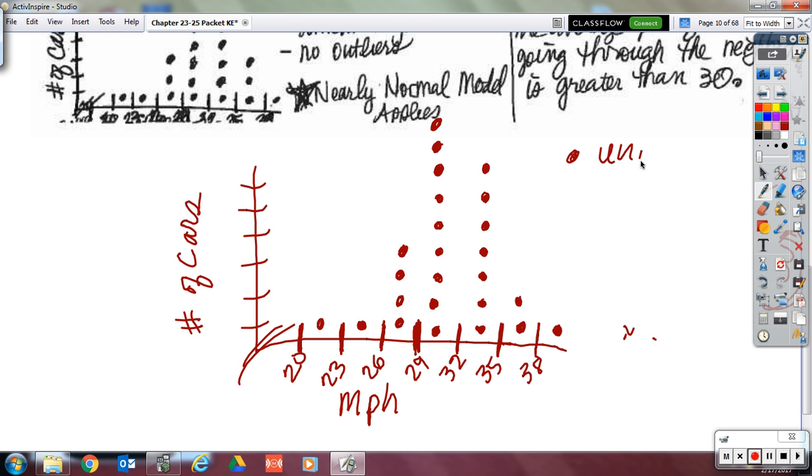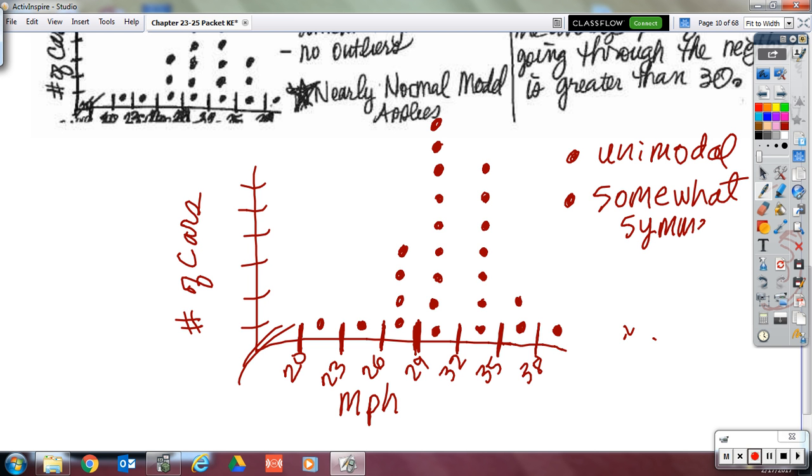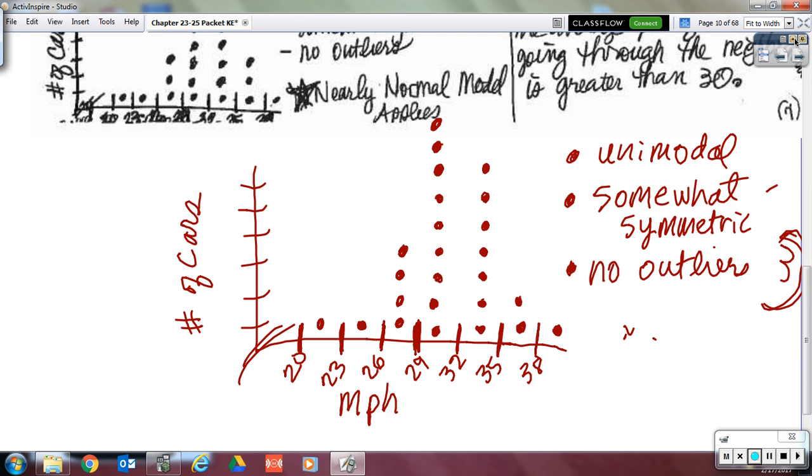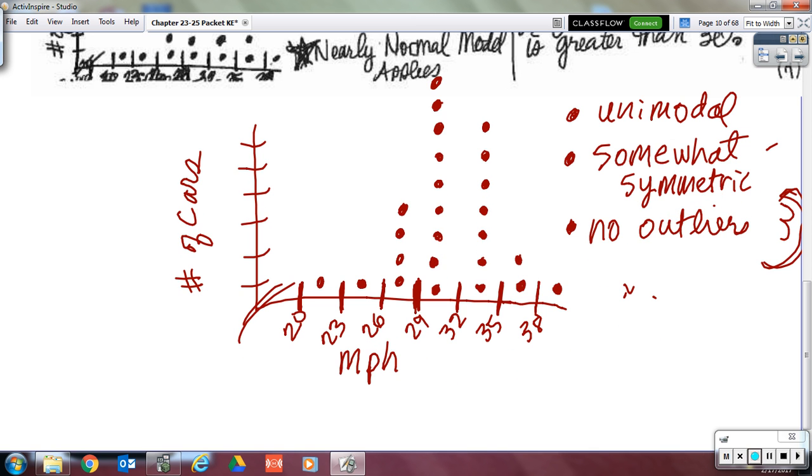It has this name called homoscedasticity, but instead of writing that, we're going to talk about it being unimodal, somewhat symmetric, and having no outliers. It's never going to be perfectly symmetric, I would be surprised.